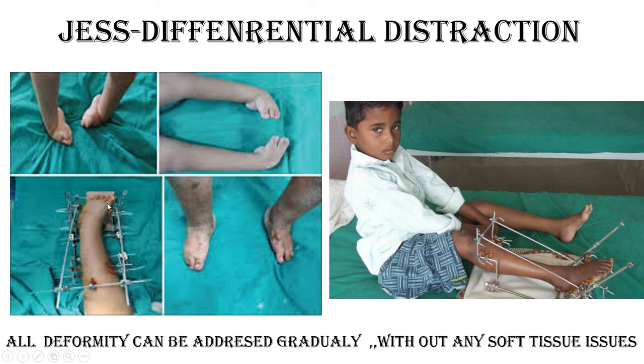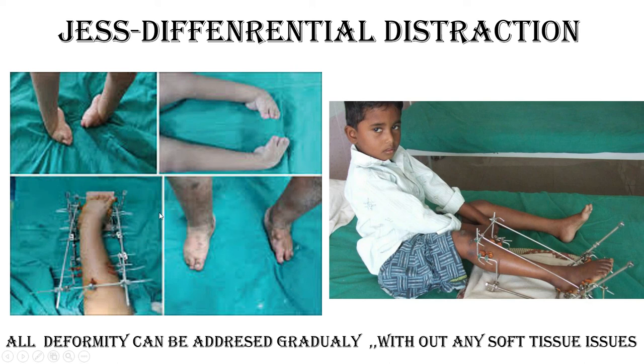All the deformity can be addressed by this without any soft tissue damage, without any blood, wound or scar. It will take time, but it will correct very nicely. After the correction, we can remove all the pins under anesthesia, and put the child in a bracing protocol.